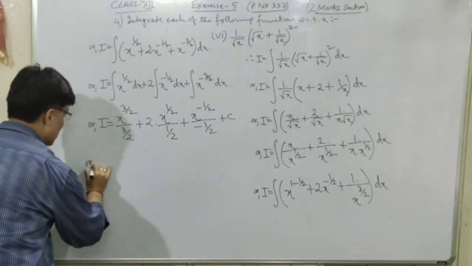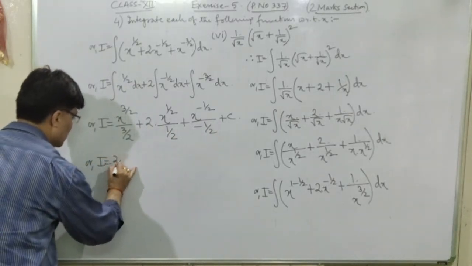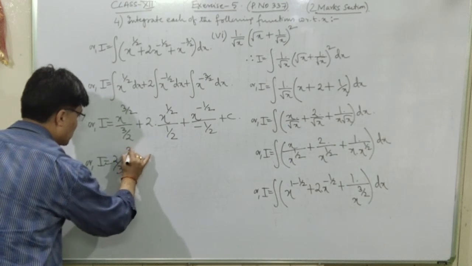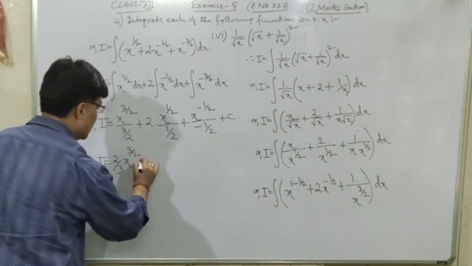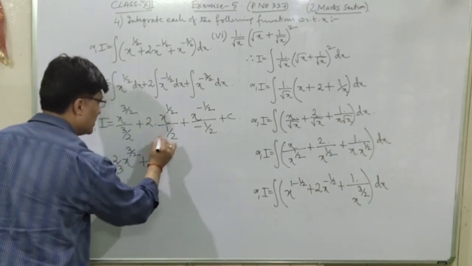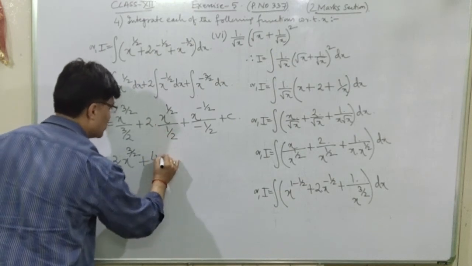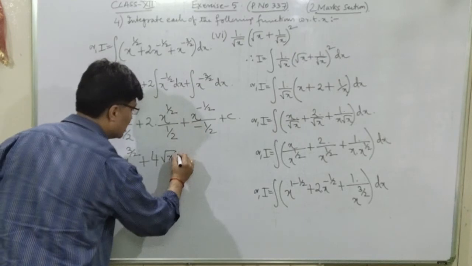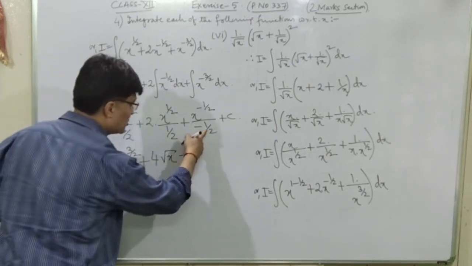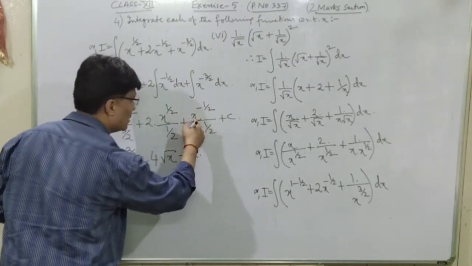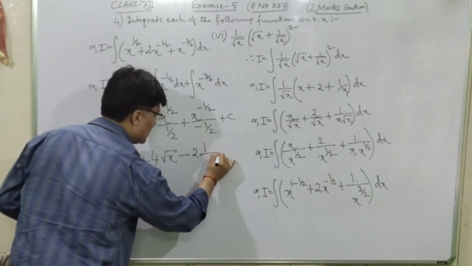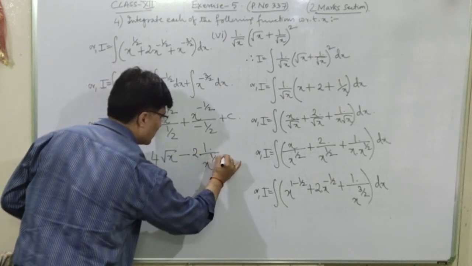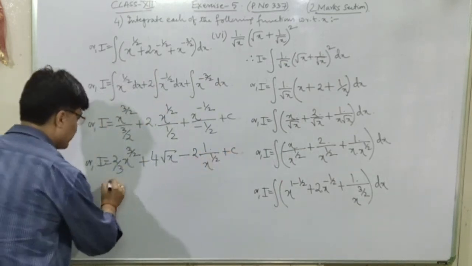So how much is it here? Or I is equal to, this is your 2 by 3 x to the power 3 by 2 plus, this one 2 goes up, 2 2s are 4 and x to the power half means root over x, plus or minus minus, this 2 goes up into this x to the power minus half, it comes down, becomes x to the power half, plus c.